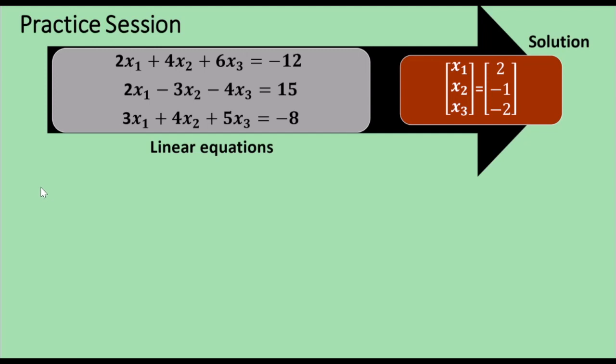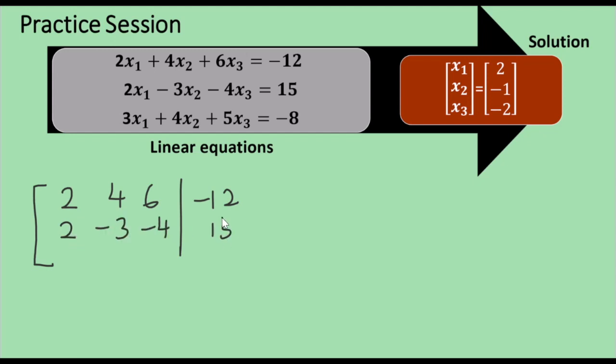So in the first step, we would convert the linear equations into the augmented matrix. 2, 4, 6, negative 12, 2, negative 3, negative 4, 15, 3, 4, 5, negative 8.